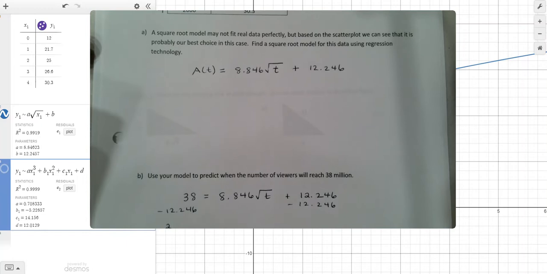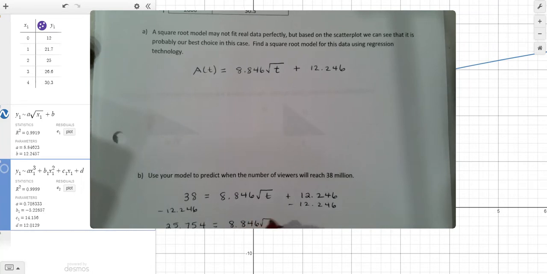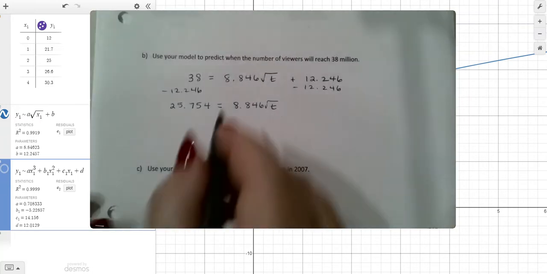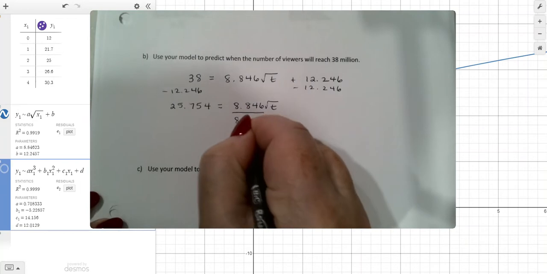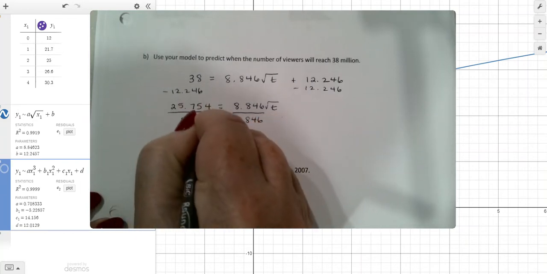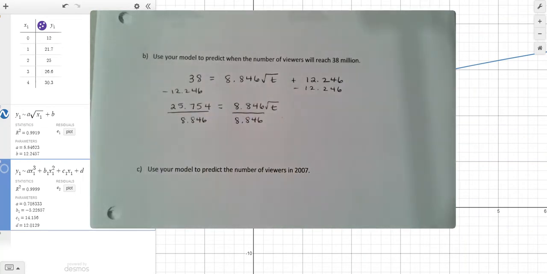And that's 25.754. Then I'll divide by the 8.846. I get about 2.911.